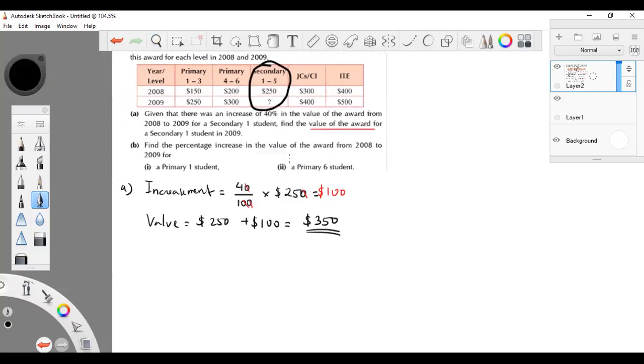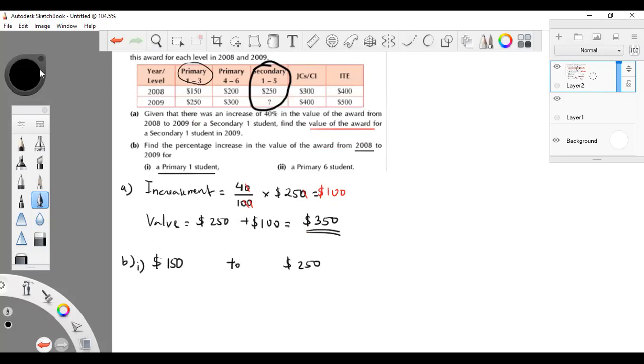Now, find the percentage increase from 2008 to 2009 for a primary one student. There you go. So which one is primary one? From here to here, right? Primary one is here. So from 150 to 250, it's increased. Part B. So how do you find this?